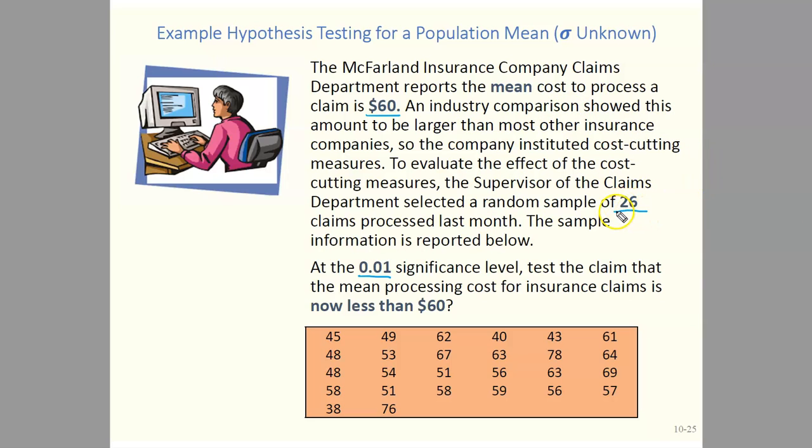First of all, notice that we have a sample size of 26 that was taken. We also have a significance level of 0.01 that we want to test at. And now let's set up our hypothesis test, our null and alternate. So we're going to set up our null like this.